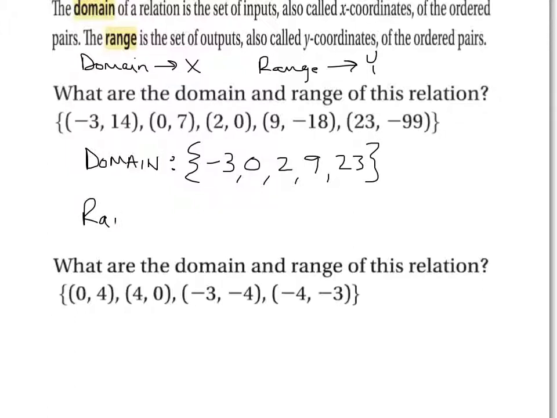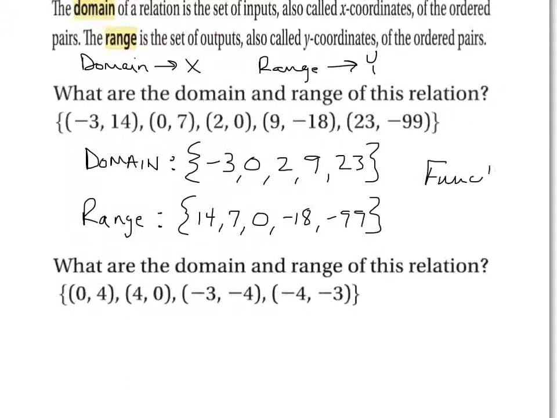The range is the list of y values, which is 14, 7, 0, -18, and -99. Now, it is possible that they'll ask you to identify, is this a function? Well, as you look at your x values written down, you'll notice that you don't have any x values that repeat, so this would be considered a function.